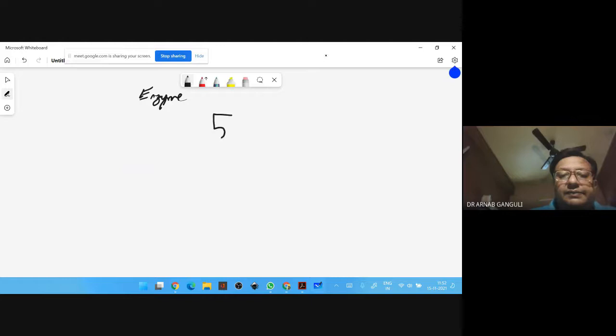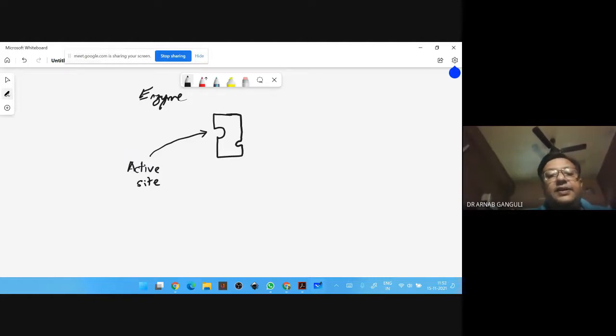Let's draw the enzyme. This is an enzyme. The enzyme has got a site known as the active site. This is the active site. This is the place where the substrate binds. The substrate binds and it becomes converted into the product.